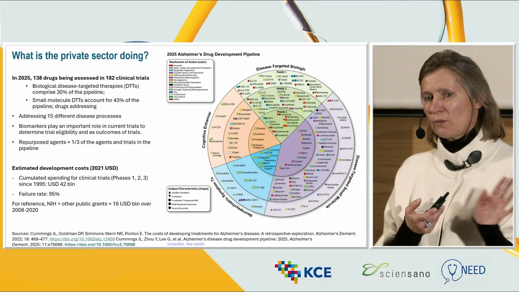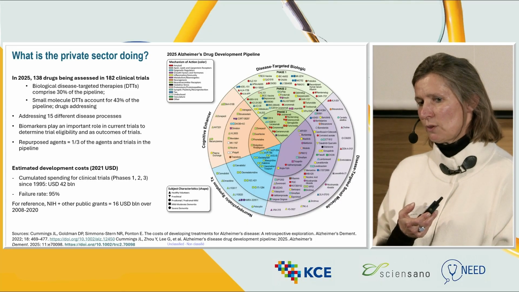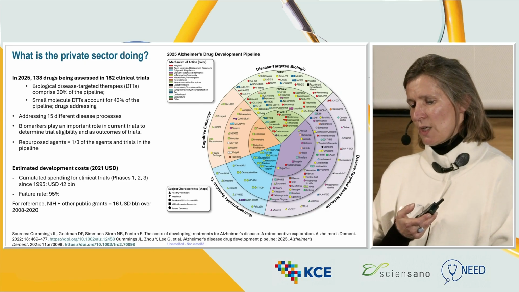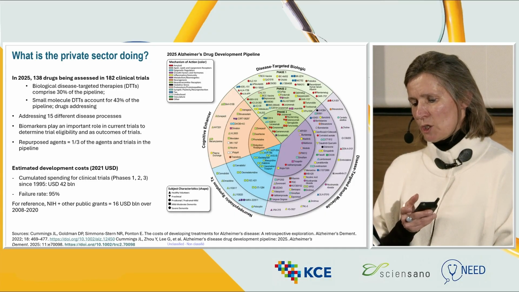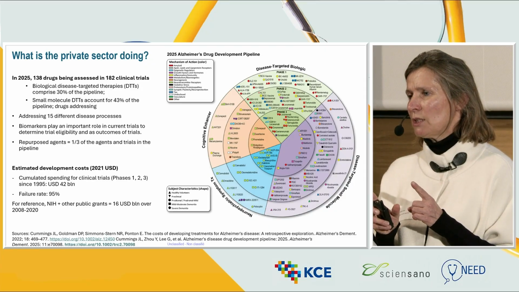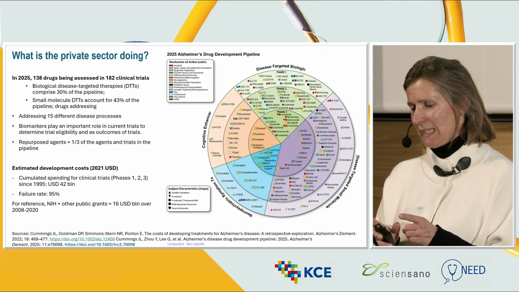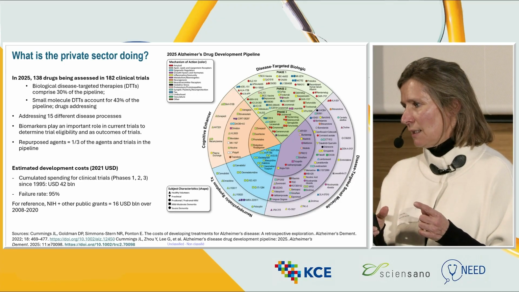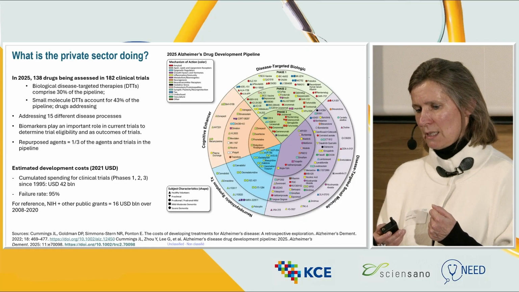Even if for pharmaceutical development the failure rate is always very high, this one is very high, higher than others. And for reference, they also mentioned that the NIH, just in 12 years, between 2008 and 2020, spent 16 billion. So it's not a negligible investment that NIH did in this field.